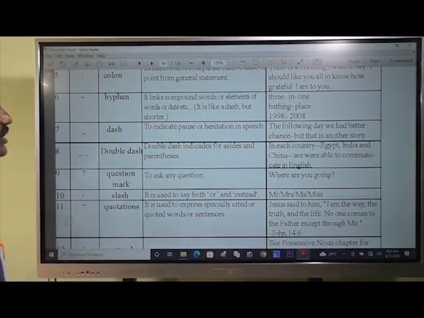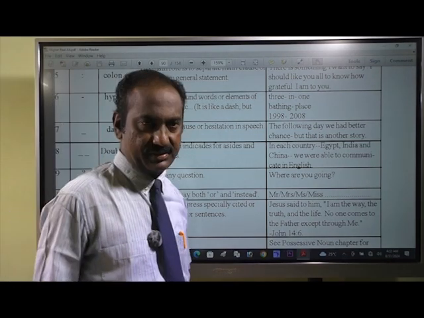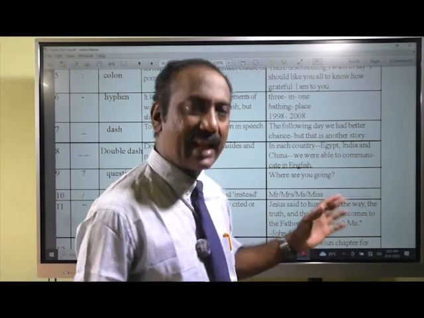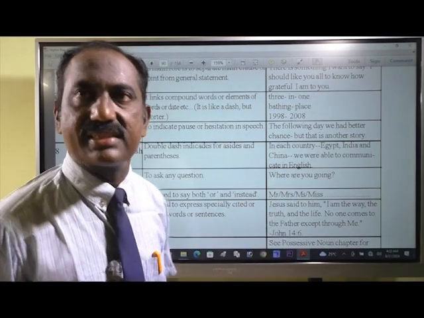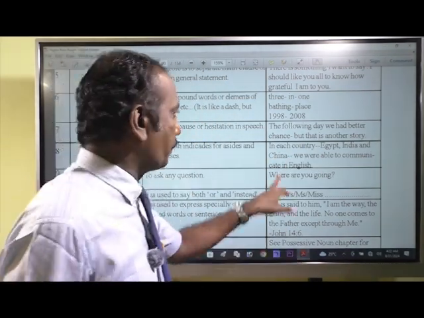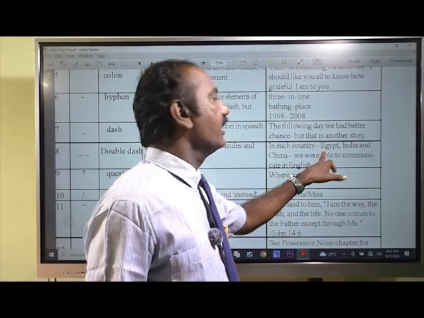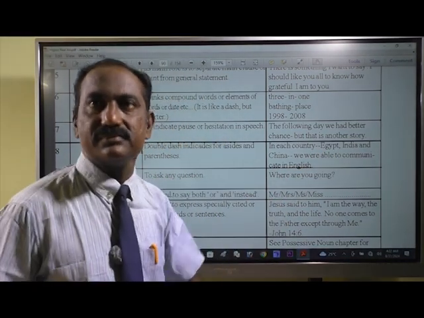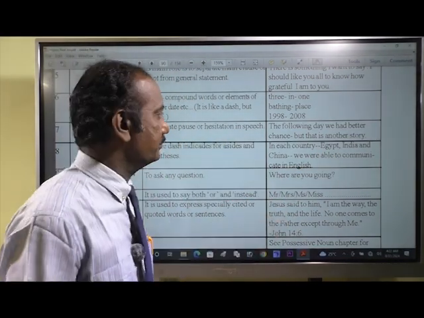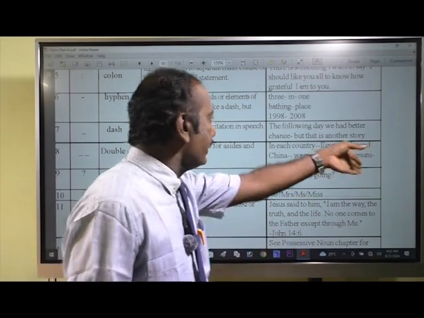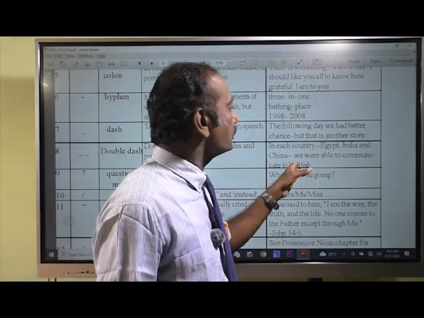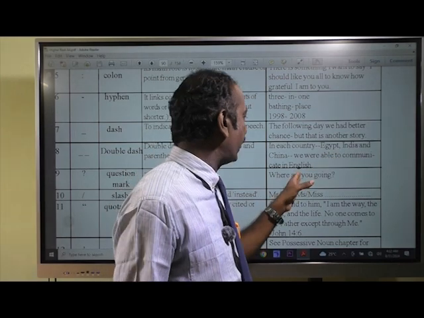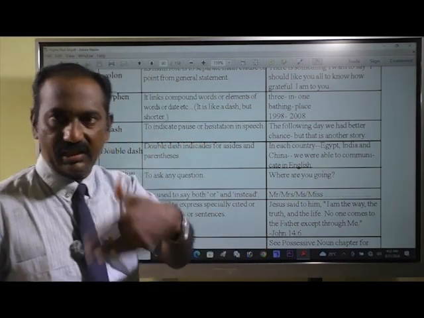Double dash is used to indicate asides and parentheses. Such kinds of things are revealed by showing a double dash. Suppose, in each country like Egypt, India and China, in that way we were able to communicate in English. Such a kind of feeling comes.